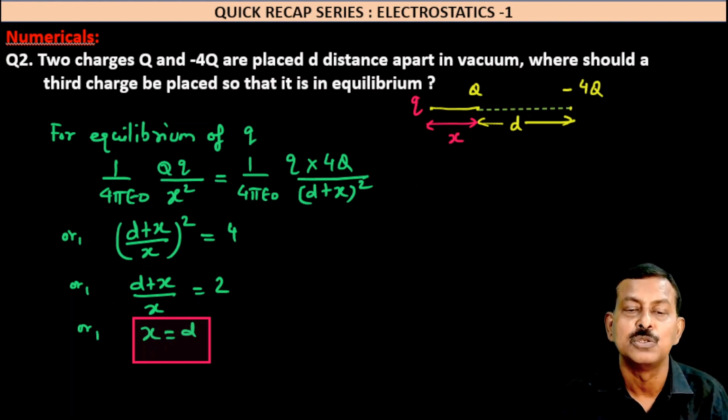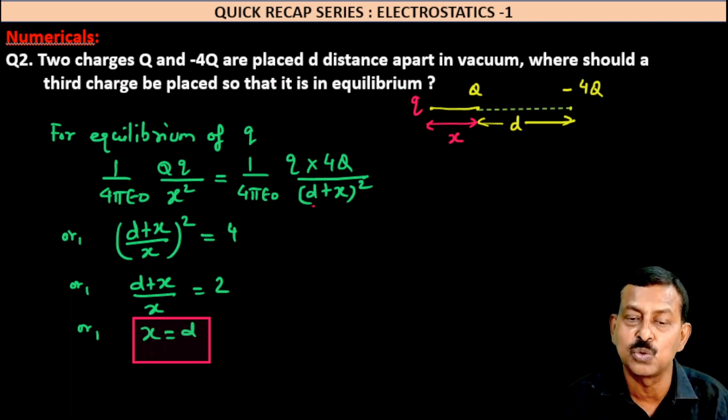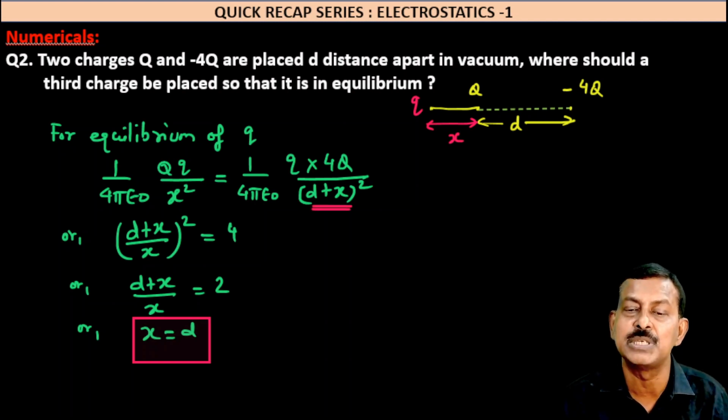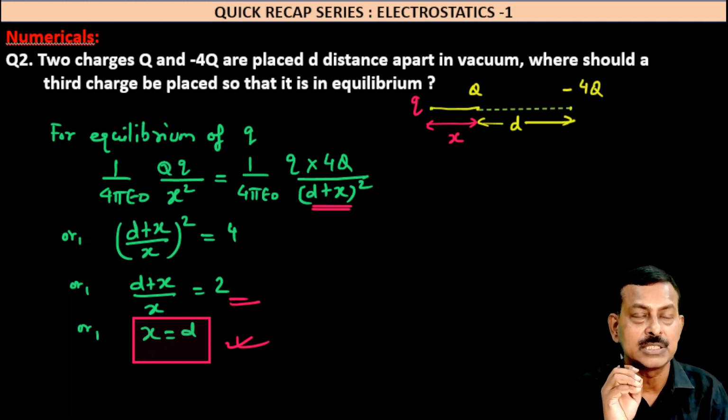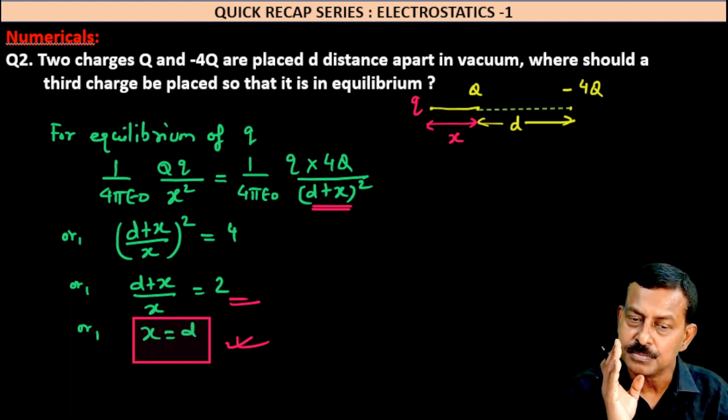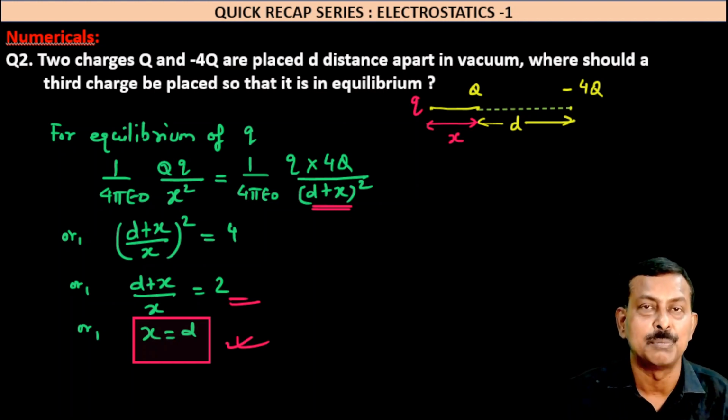So it is q into 4Q by d plus x whole square, because this time the distance is d plus x. So you have d plus x by x whole square equals 4, d plus x by x equals 2, or x equals d. So it means the third charge should be kept at a distance d from the charge capital Q.